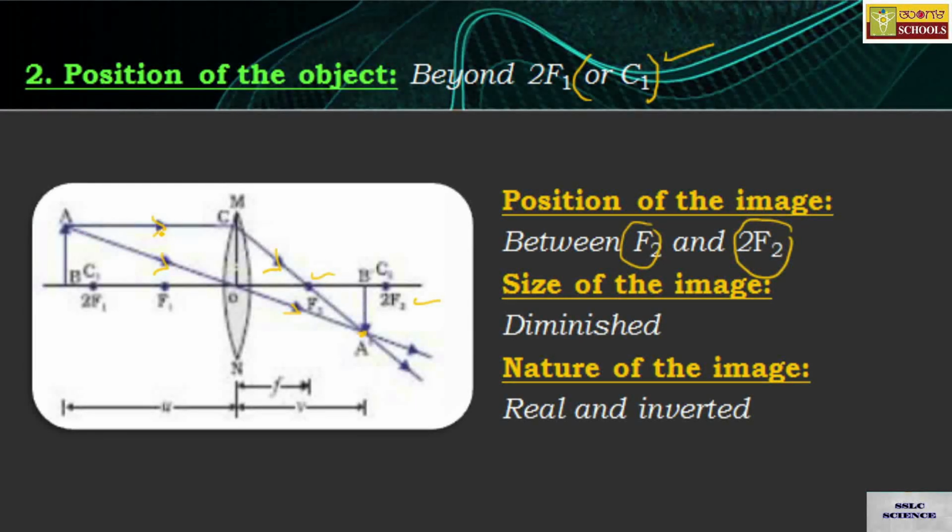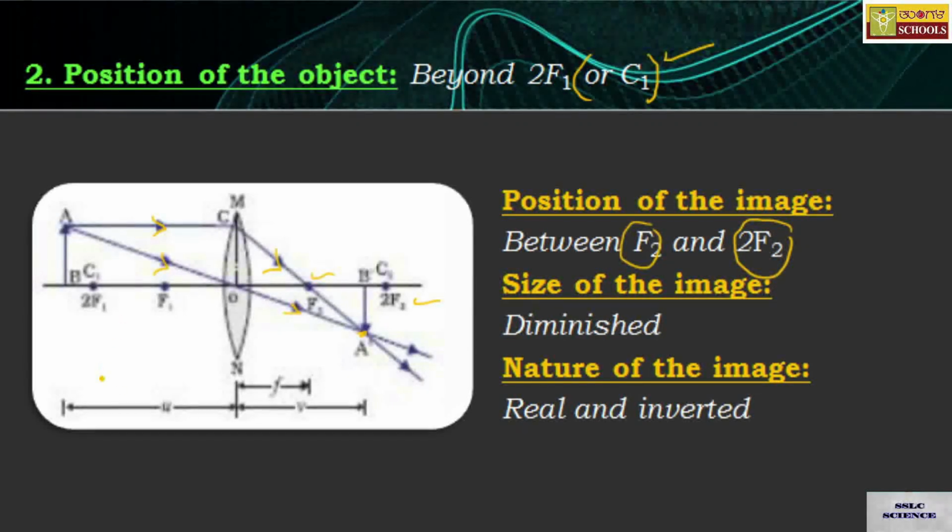We used the ray which is moving parallel to the principal axis. After passing through the lens, it will go through the second principal focus. And one more, we used the ray which is passing through the optic center O. It will go undeviated.